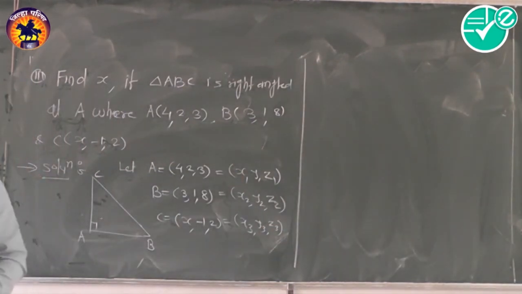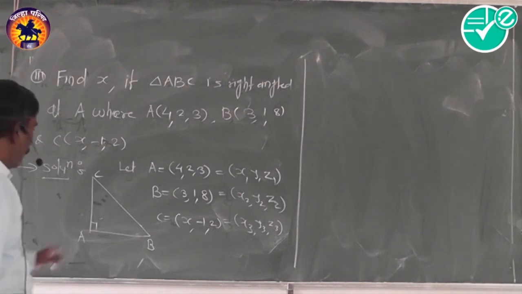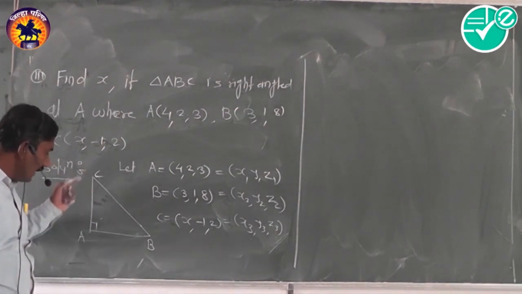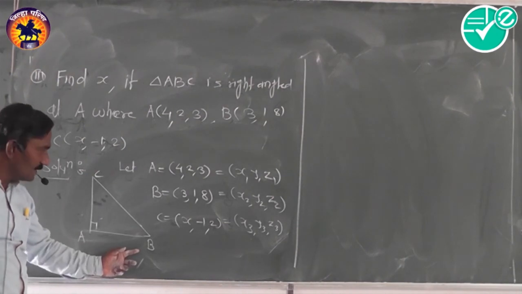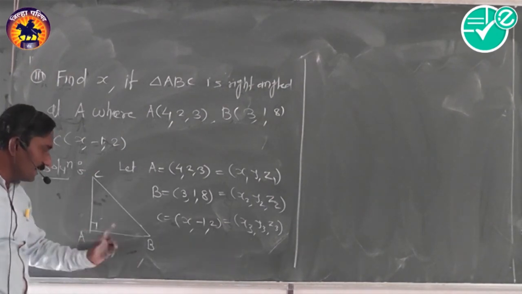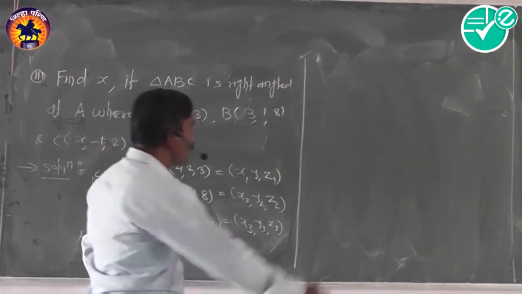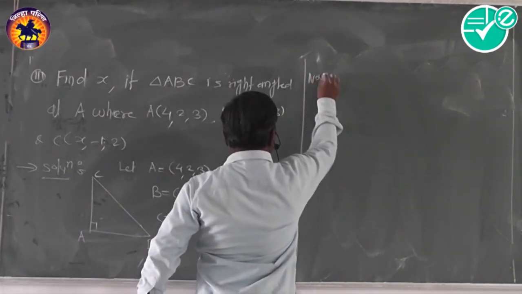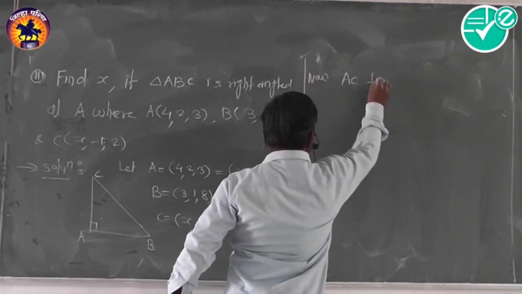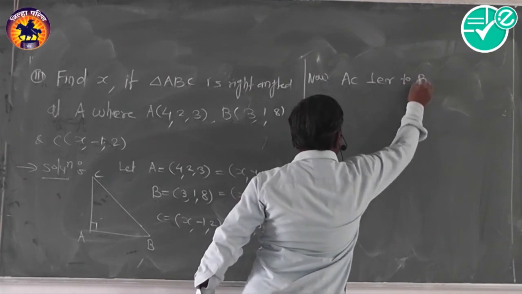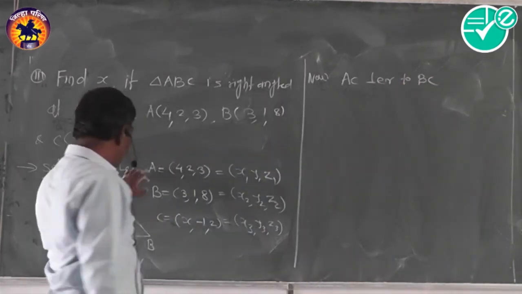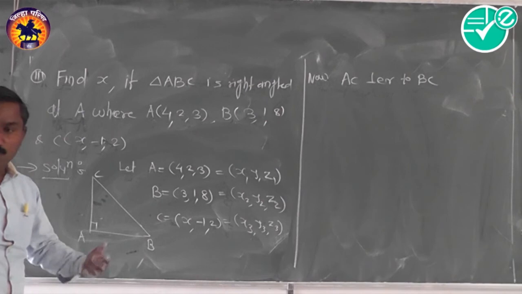Similarly, we have AC is perpendicular to AB.